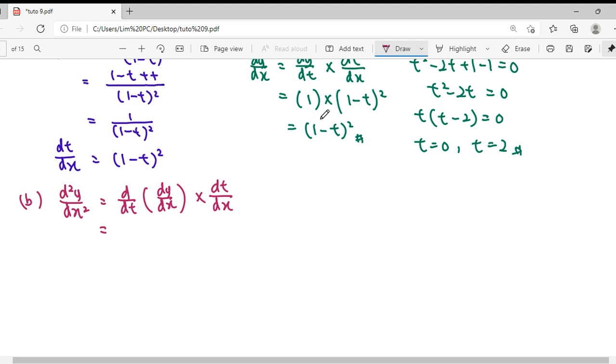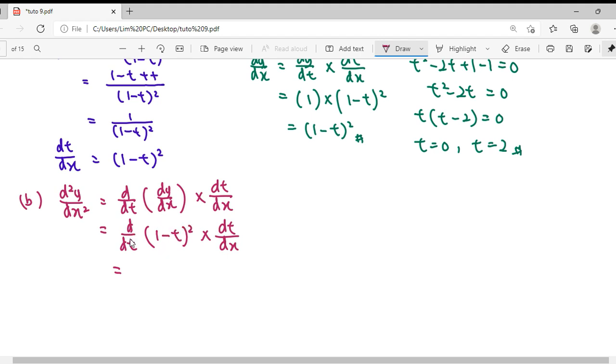So for dy dx, we are going to differentiate this. We're going to differentiate with respect to t for 1 minus t squared. And then we will times with dt dx. So differentiate this bracket. So this will be our power rule.